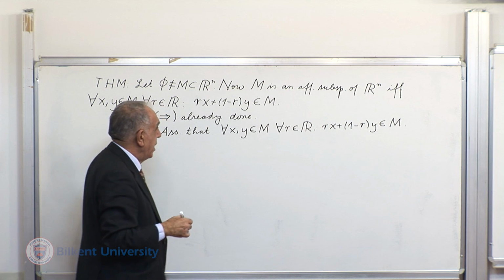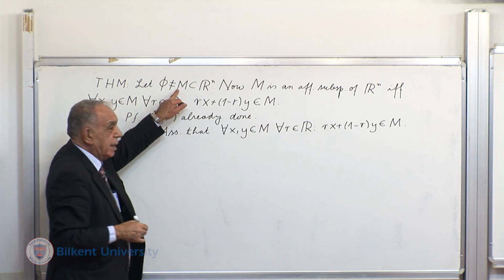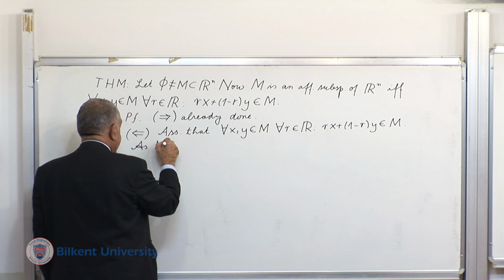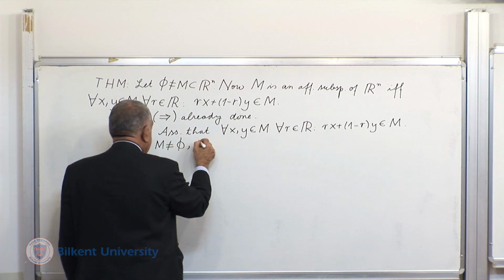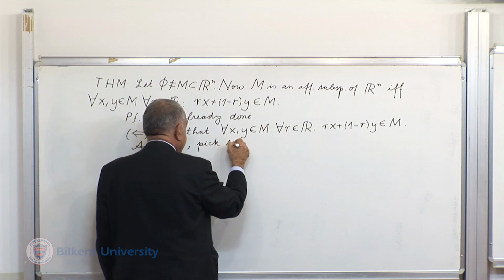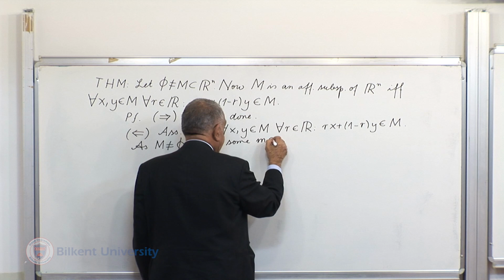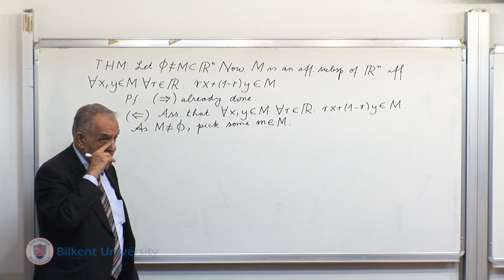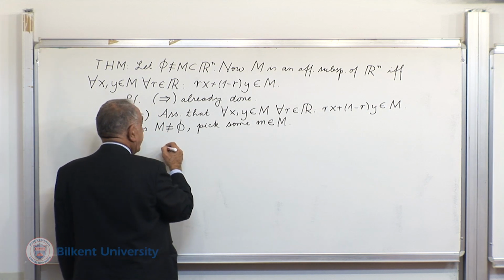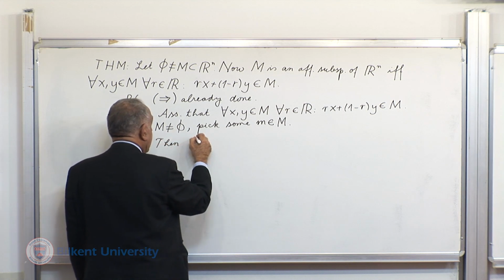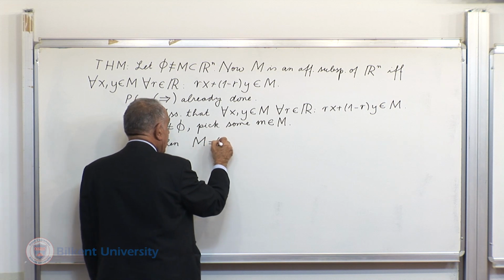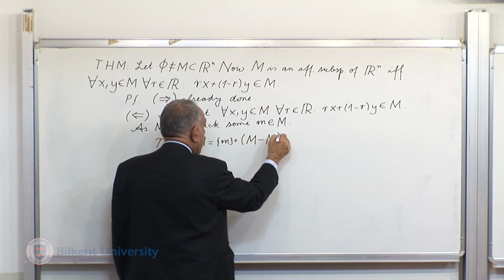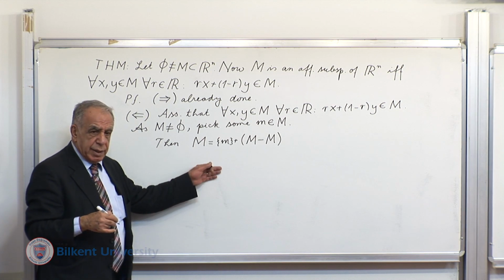Then what we did was, utilizing the hypothesis that M is non-empty, we picked a point m in M, and then we have shown that M as a set is equal to m plus (M minus M). We have shown this, right?